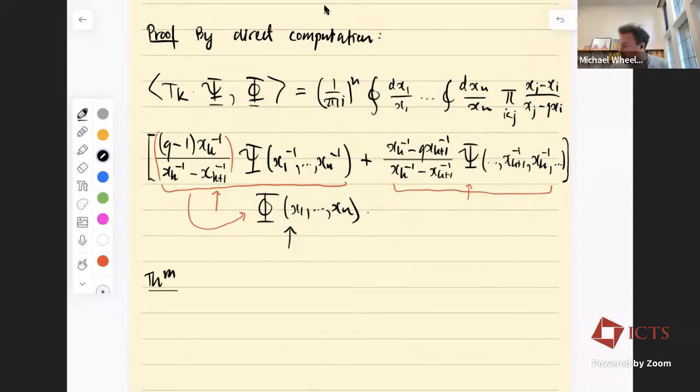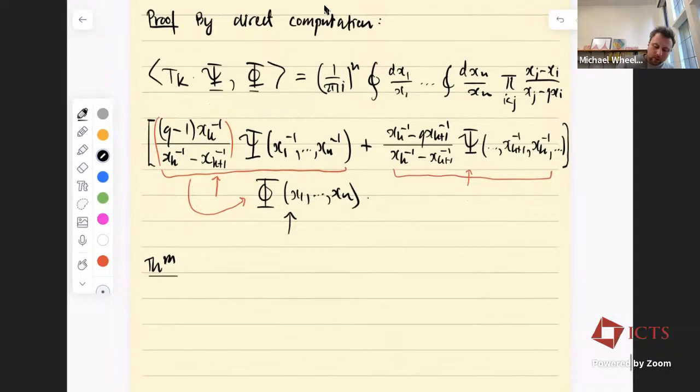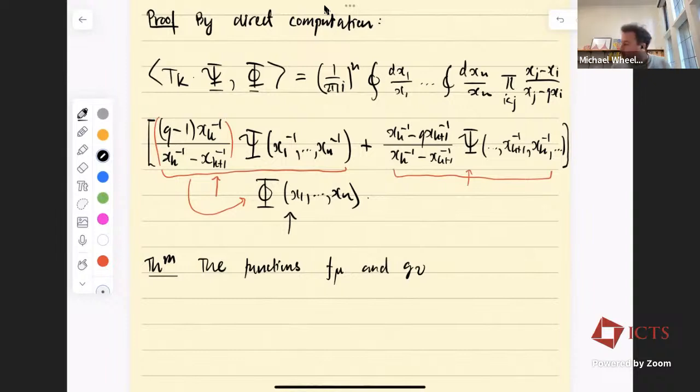I think this one deserves to be called a theorem because it's by far the hardest of anything we've proved. So the functions f_mu and g_nu star have the orthogonality.